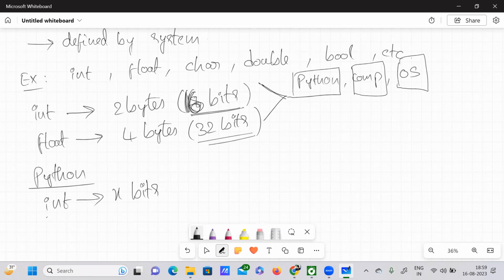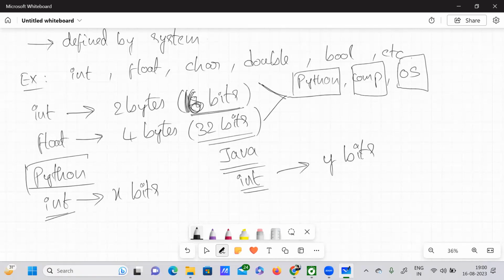If in the Python language the integer takes x number of bits, in Java maybe this data type may take y number of bits. The data type is the same here, but depending upon the programming language, the compiler, and the operating system we use, this particular size may be x in Python and y in Java. That usually differs.